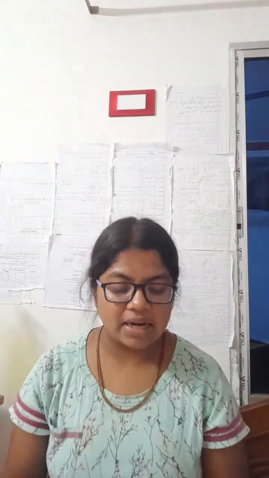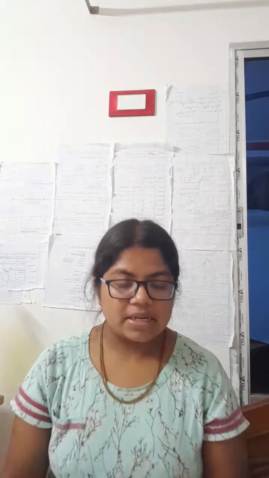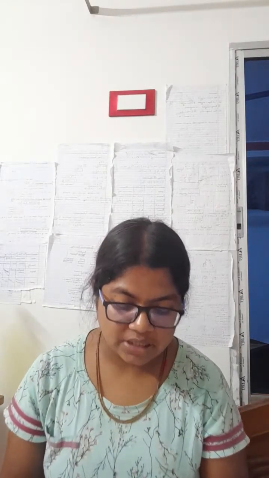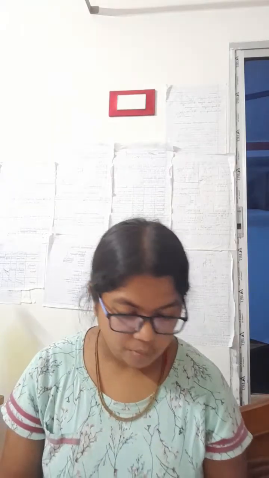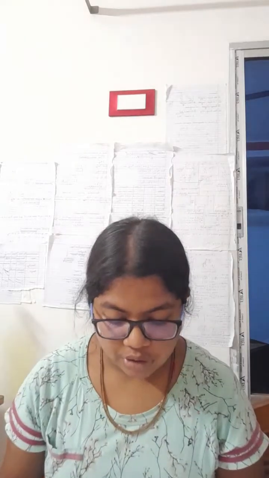So there are 2 applications of synergic bonding: due to synergic bonding and due to charge density on the metal. Synergic bonding affects the metal carbon bond and the carbon oxygen bond.